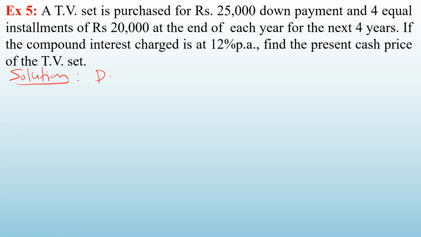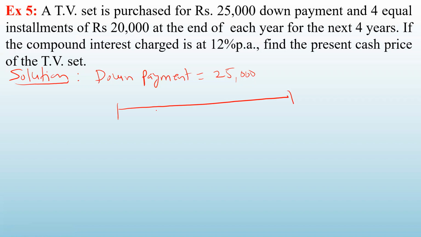So the down payment is 25,000 and 4 equal installments of rupees 20,000 at the end of each year for the next 4 years.